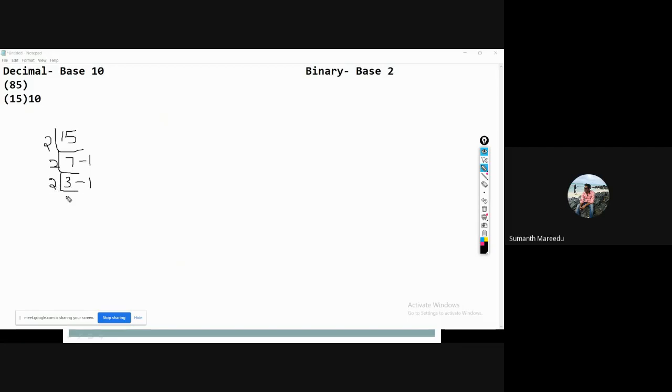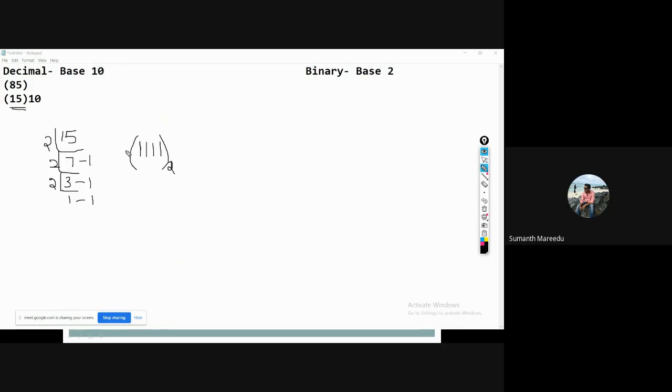Then 2, 1 time, and again remainder is also 1. So that means all ones: 1111 is the binary representation for 15. So this is how you can convert your decimal number to binary.